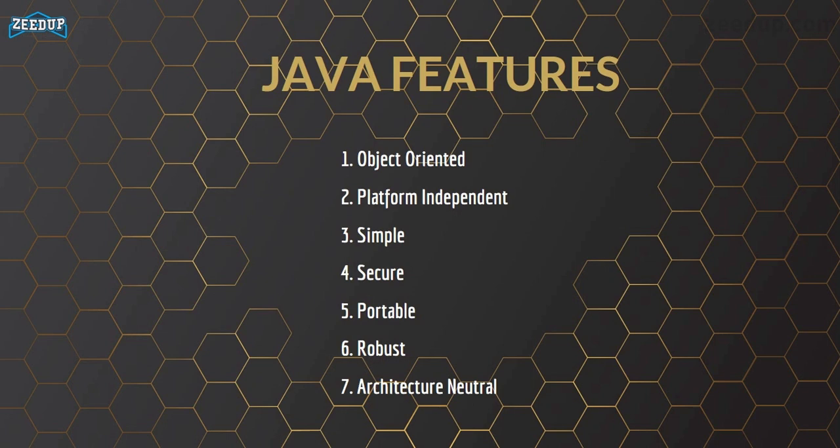So you can create Java code on a Windows platform and then distribute it to anyone all around the globe. Then they can download that code and use the same piece of code either on a Mac-based system, on a Raspberry Pi, or on a Unix or Linux system. Next feature is that Java is simple. It is designed in such a way that it is easy to learn and simple to use, and if you want to understand the basics of the OOPS concept, then Java is the thing that you should go for.